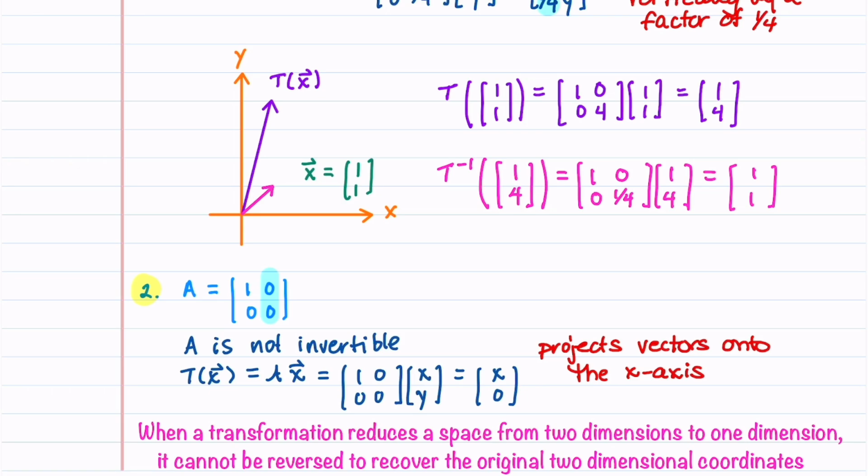When we project vectors onto the x-axis, we're reducing a 2-dimensional space to a 1-dimensional space. When this happens, the transformation cannot be reversed to recover the original 2-dimensional coordinates.